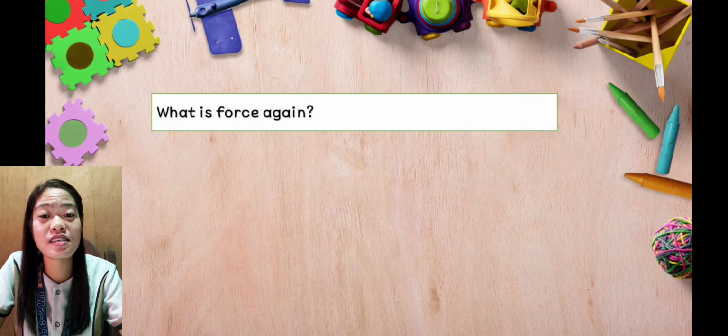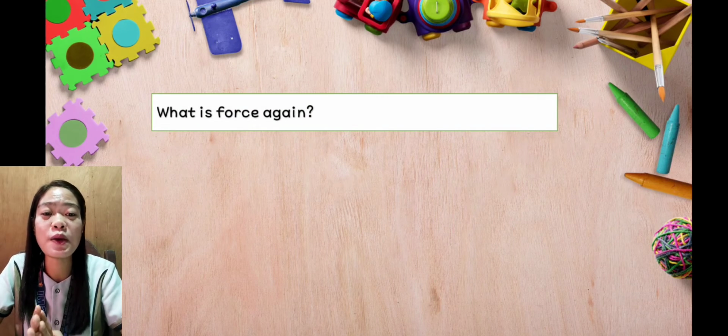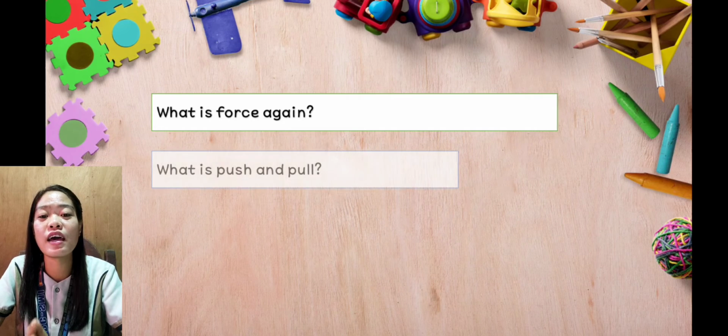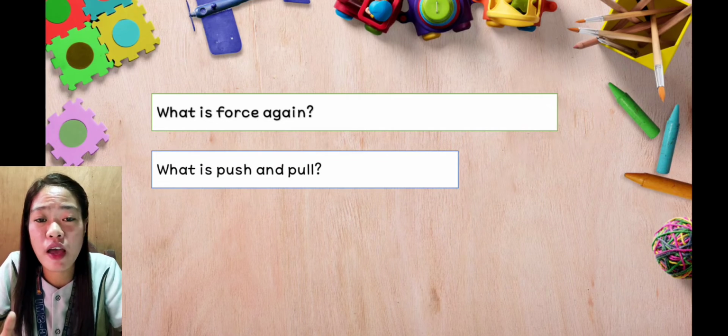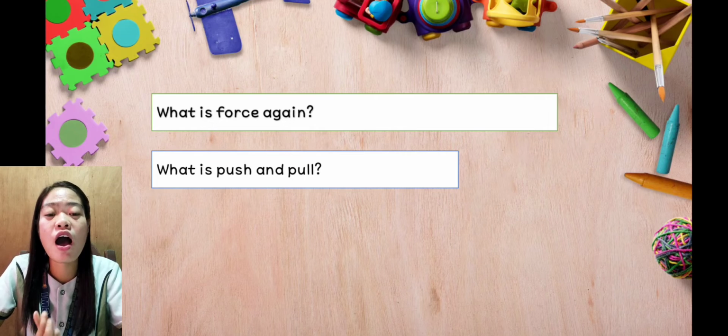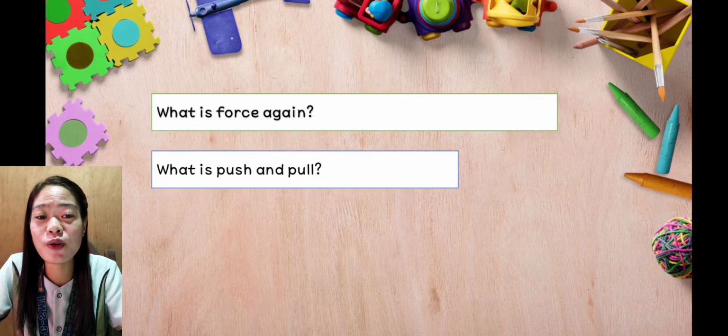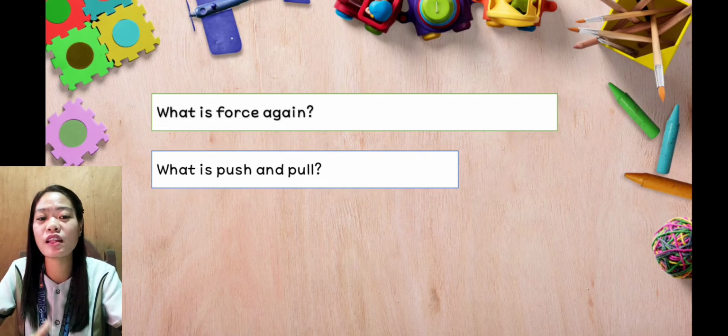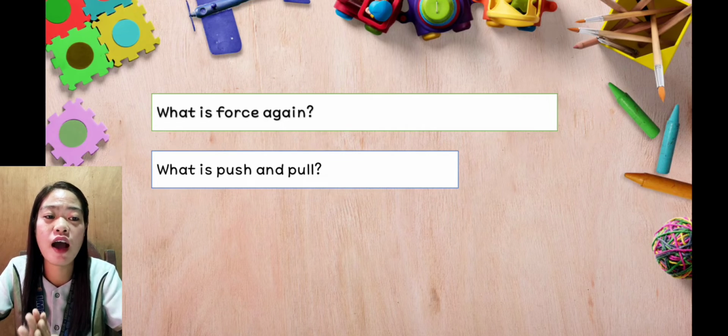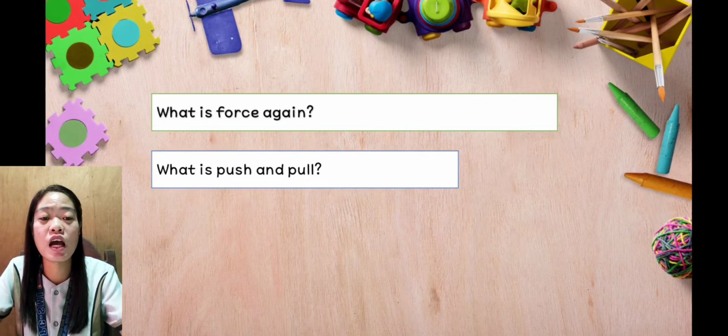It is push or pull. And when we say pull, it is when you bring the object towards you. And what is push? Very good. When we say push, it is when you move an object away from you.